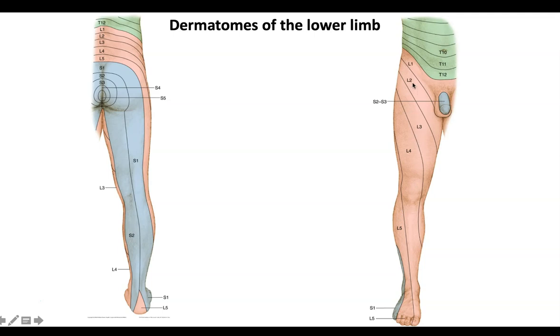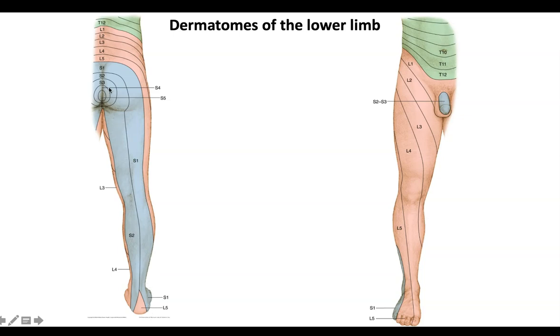So L1, L2, L3, L4, L5, this is the dermatome of the anterior side of the whole lower limb, and on the posterior side of the lower limb, the dermatomes are S1, S2, S3, the sacral, S1, S2, S3 in the gluteal region, and the S1 is on the lateral side of the thigh, lateral side of the leg, and lateral side of the foot.